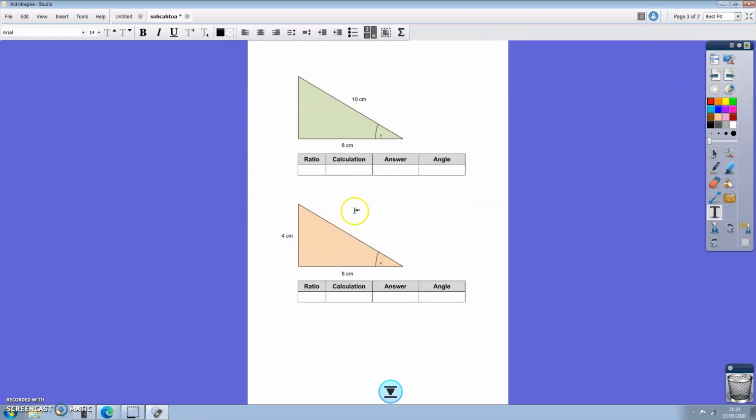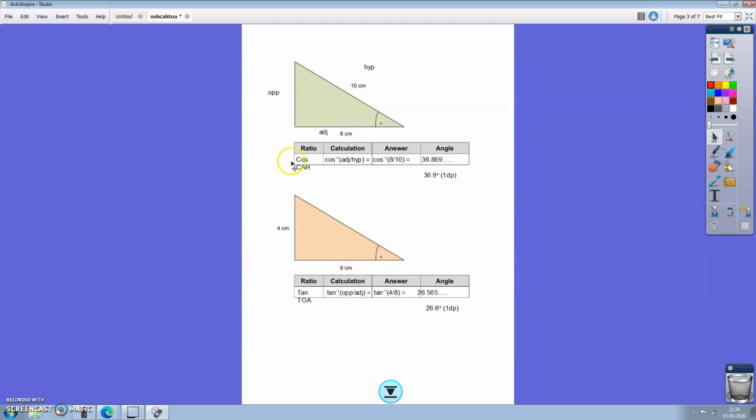If you want to have a go at these two, I'll pause the video and then see how you get on. Okay, so here's your answers. First off, we've got cosine, it's CAH, cosine equals adjacent divided by hypotenuse. So cos minus 1 of 8 divided by 10.